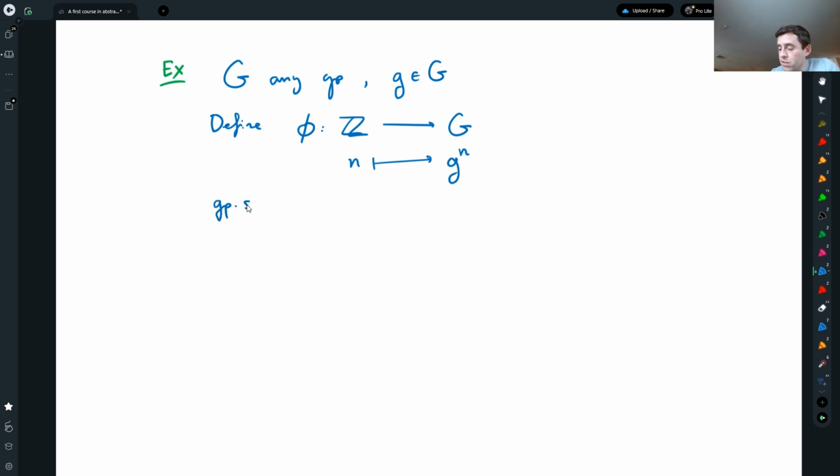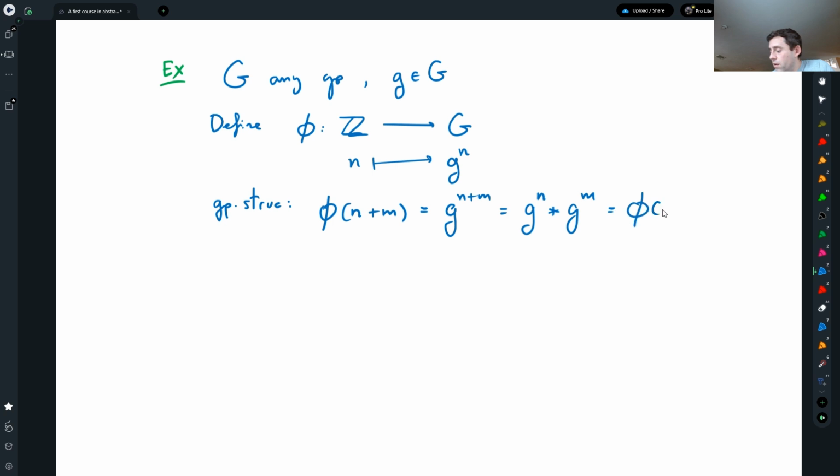It respects group structure because for any n and m, any two integers, phi of n plus m is g to the n plus m, which by the laws of exponents is g to the n star g to the m, and that is phi of n star phi of m, for any n and m integers.